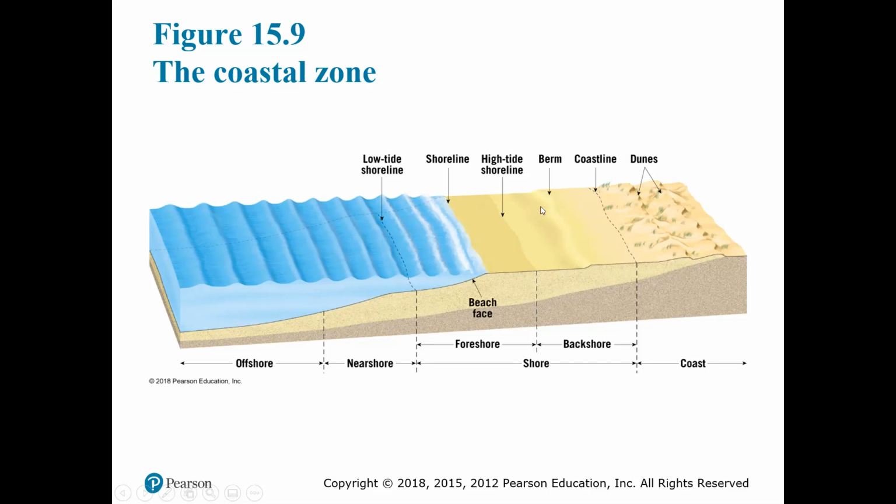So you see this marking right across here that's called a berm. These are relatively flat platforms composed of sand and marked by a change in slope. And you can see this little bit of change of slope right here. And then another part of the beach is the beach face, where we start to get that really sloping surface that's going to be covered by water.